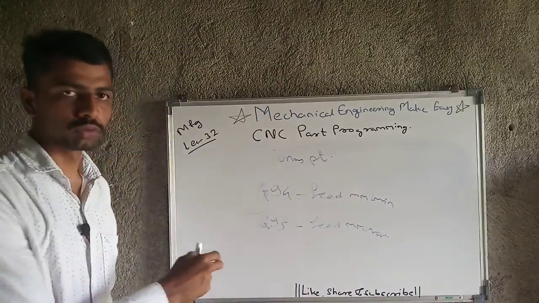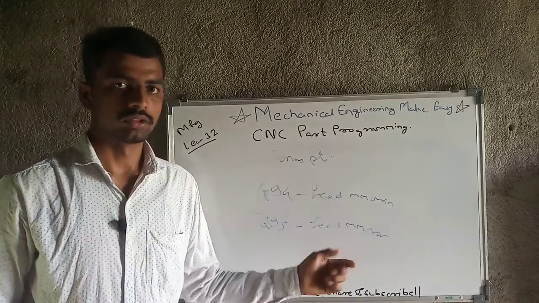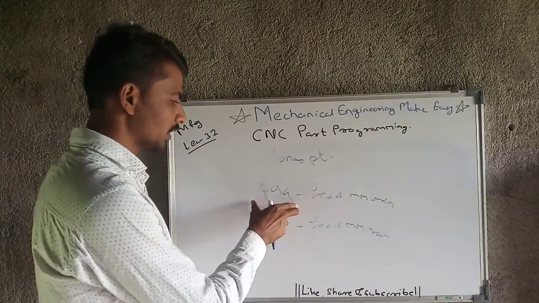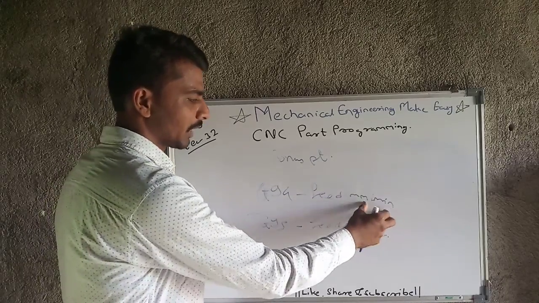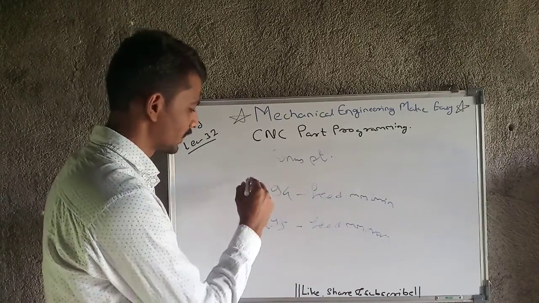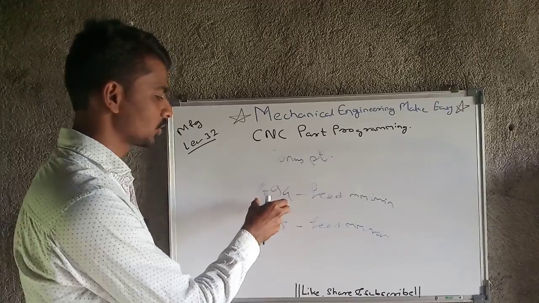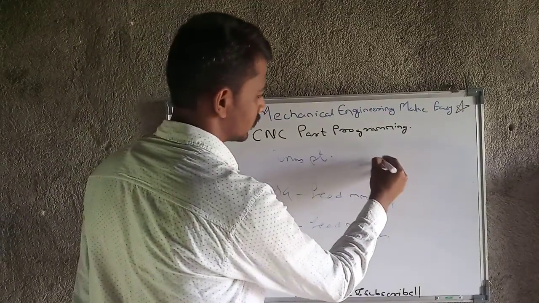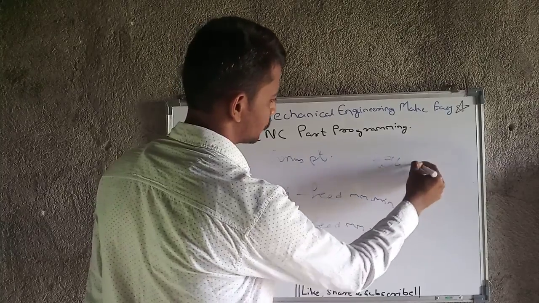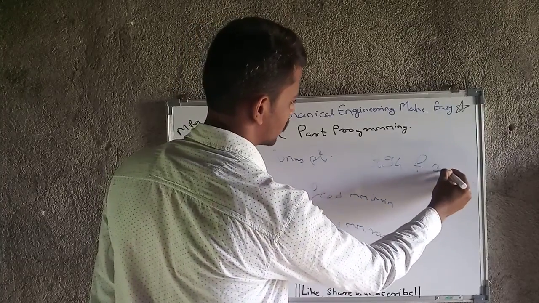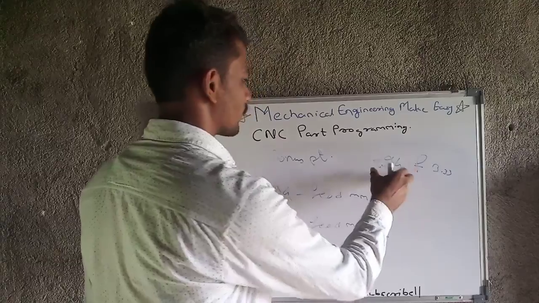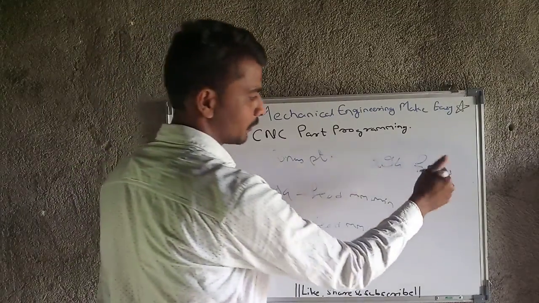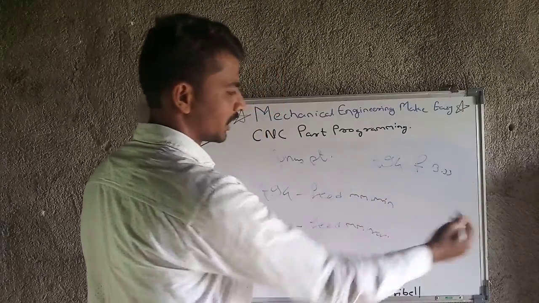Okay, we have to provide feed to that machine tool, and that feed we are going to provide as a value in mm per minute or mm per revolution. That we have to take into consideration. If we are using the feed in mm per minute, then the code will be G94, then F, for example 3.33, means ultimately the feed is 3.33 mm per minute.